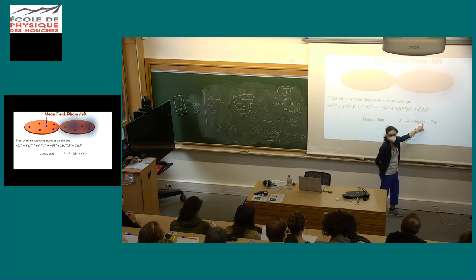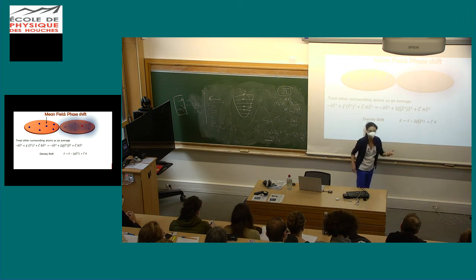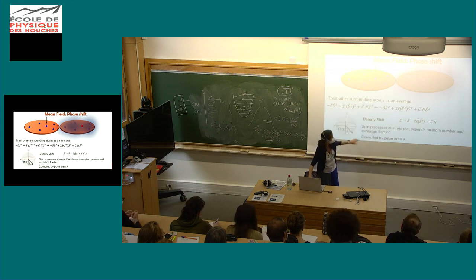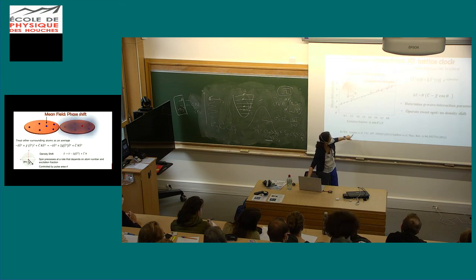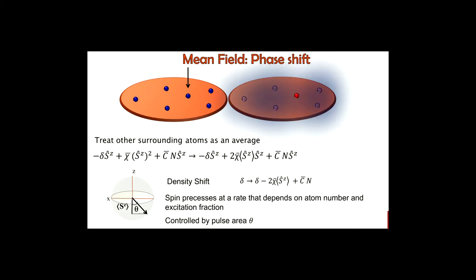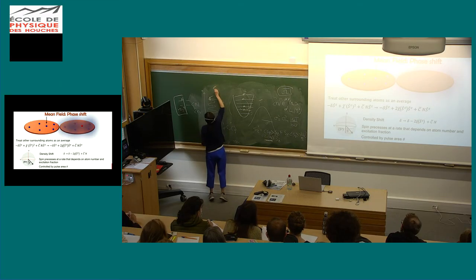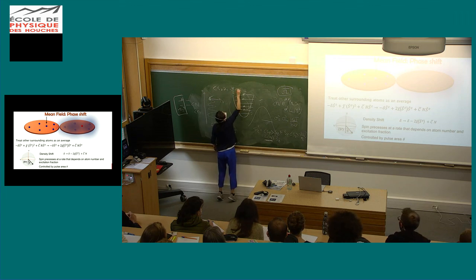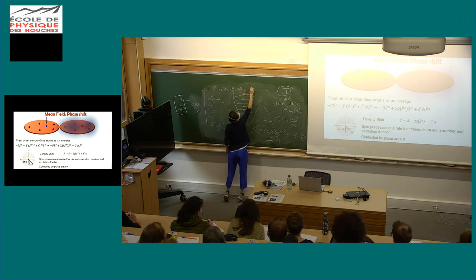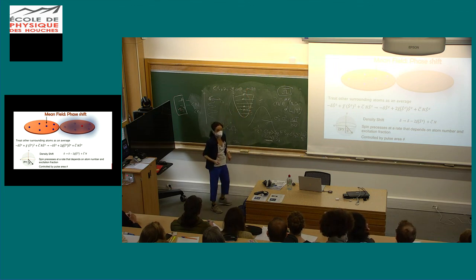And the point is that in the Ramsey spectroscopy, SC is only controlled by the first pulse area. Remember, I start with all particles along the Z direction, I apply a pulse, like what we saw in the first lecture, and the expectation value of SC in Ramsey spectroscopy is proportional to minus n half cos theta, where theta is proportional to omega t. Yes, that's what we saw last class.